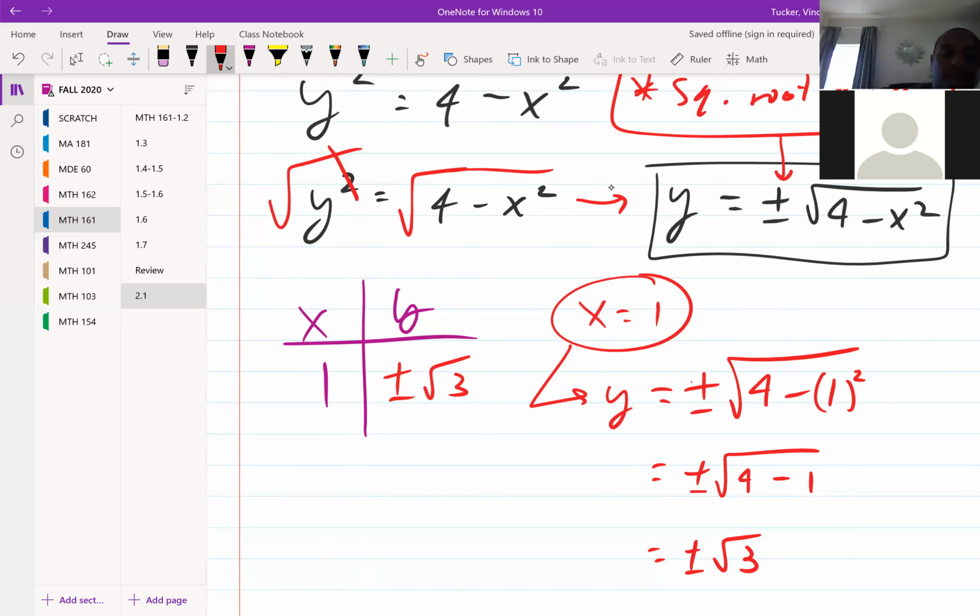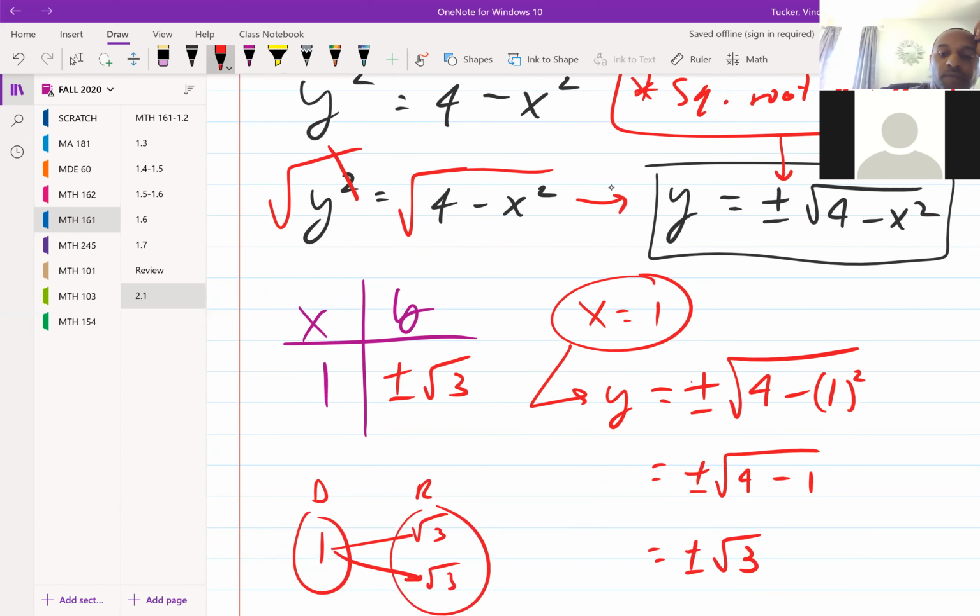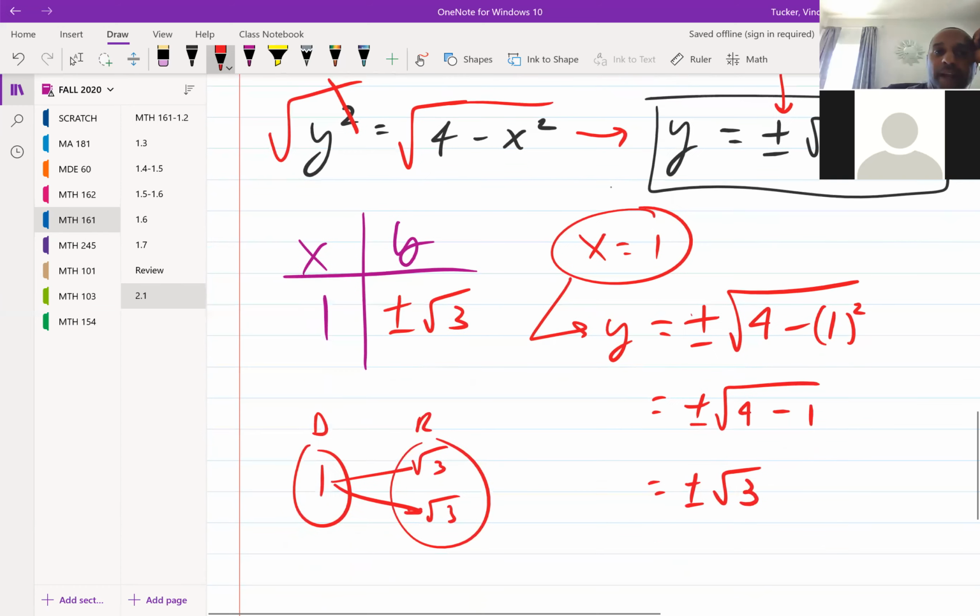So basically, we go back to our mapping, how we did our mapping before. If I had 1 in my domain, and then negative square root of 3 and positive square root of 3 in my range, the 1 would go to both of those values. And remember, that's what we cannot have.